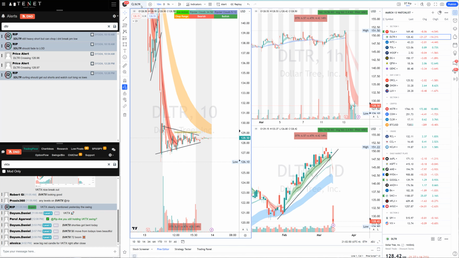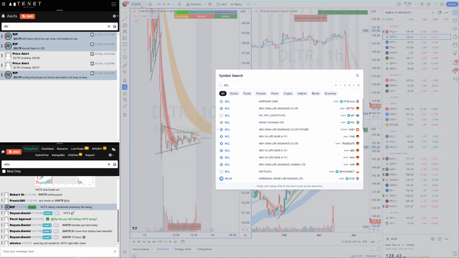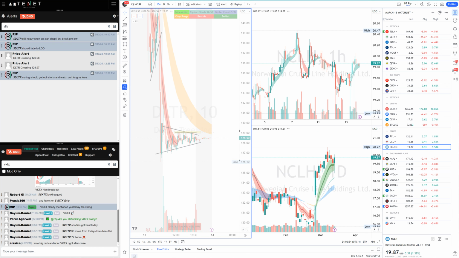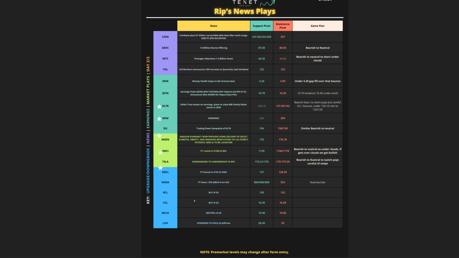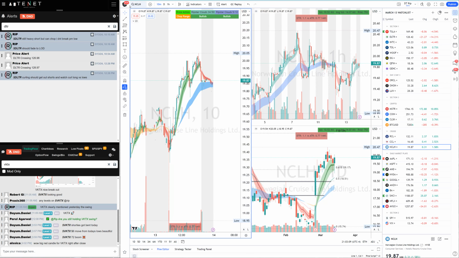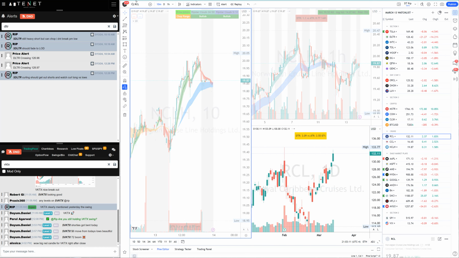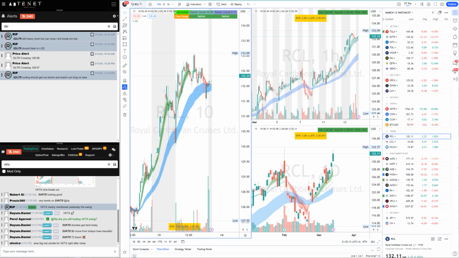So let's look at some cruise lines today. I was talking about all these cruise lines in the pre-market, just a general idea that most of these cruise lines are being upgraded by Goldman Sachs: RCL, CCL, NCLH. You can see there were pivot levels, 132 and CCL at 1650, and mostly all of them moved up nicely.